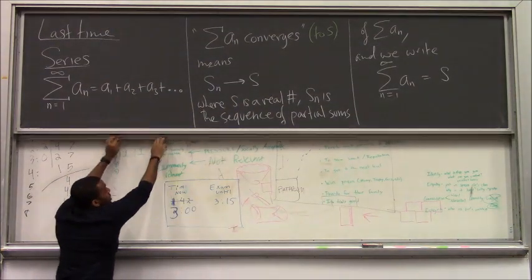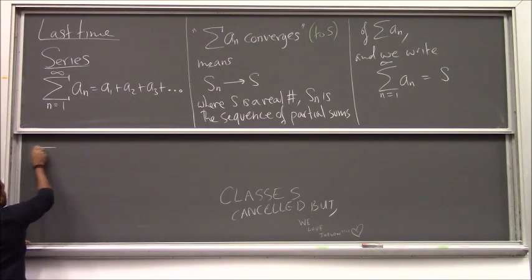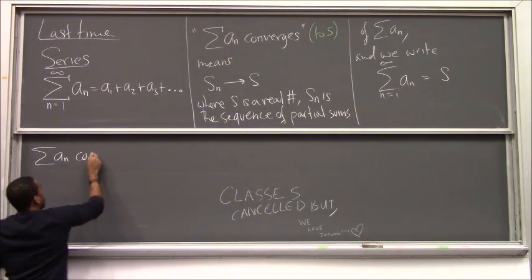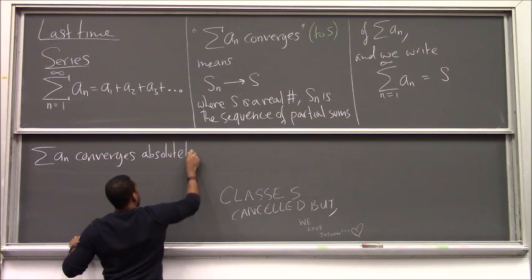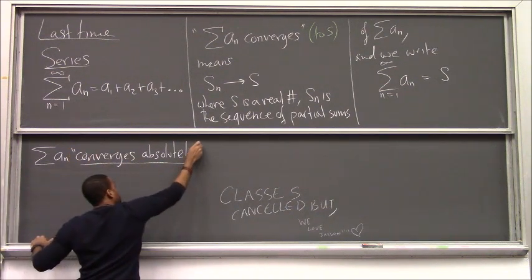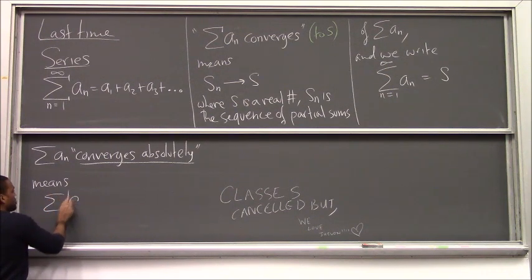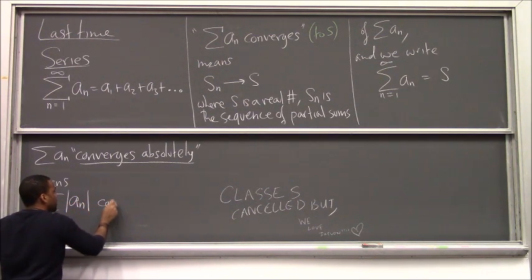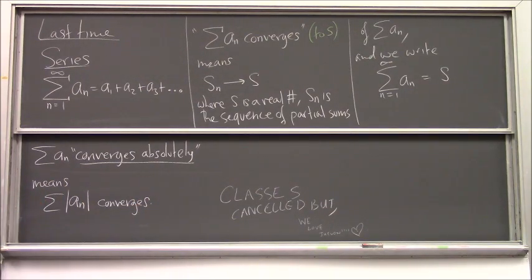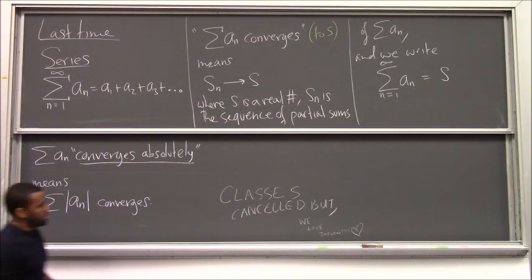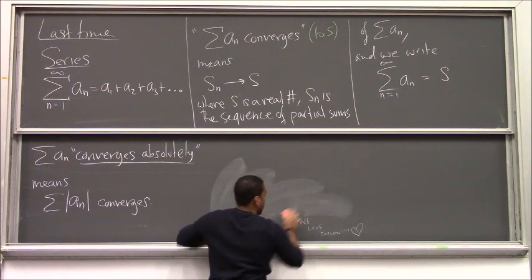We also saw what it means to say that a series converges absolutely. That's an important definition. This phrase, very important phrase, means that the series with absolute values around each term converges. Meaning there is a number S that works for the series with absolute values around it. I'm going to leave this up.